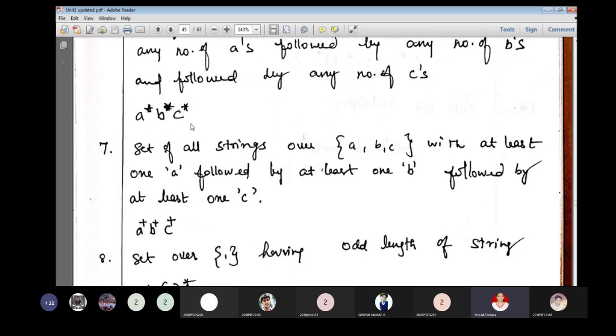In order to represent one or more repetitions, we have to use positive closure, plus in the power. See A star, B star, C star. Here A to the power plus, B plus, C plus. So plus represents one or more. Star represents 0 or more.